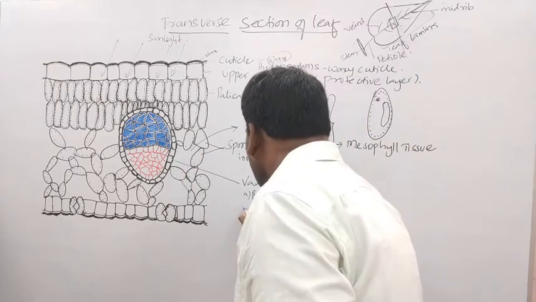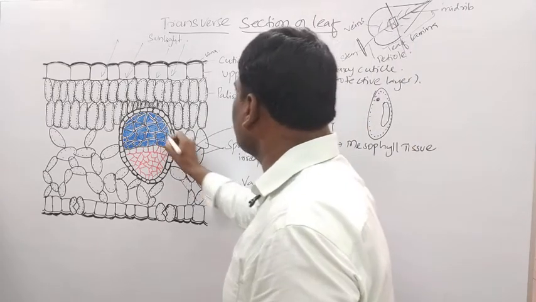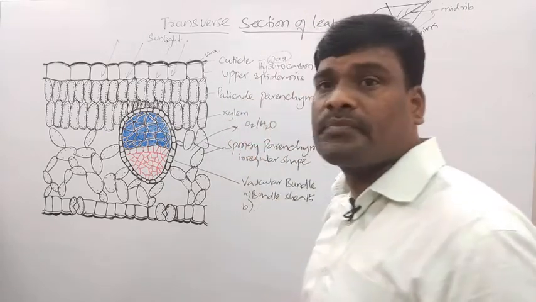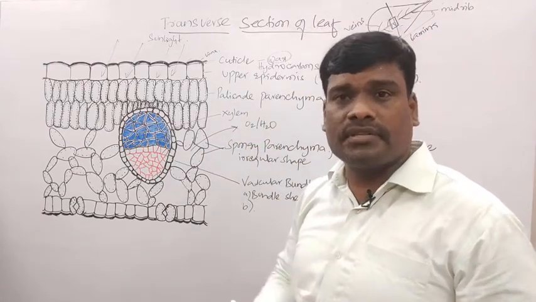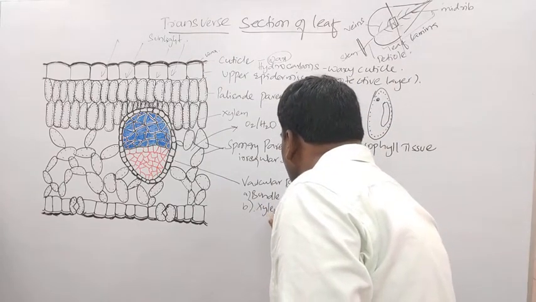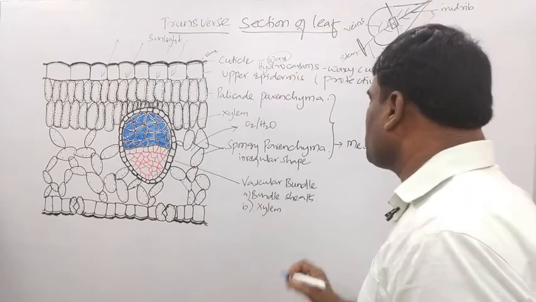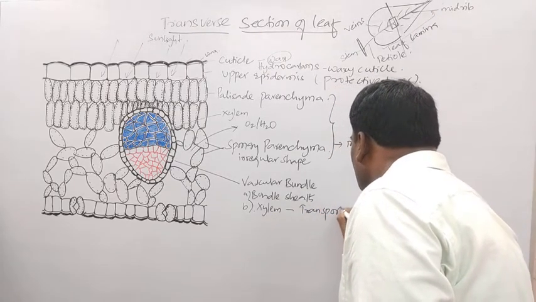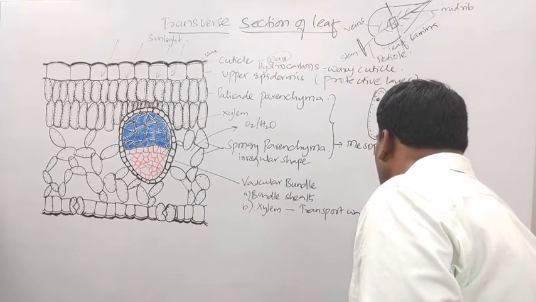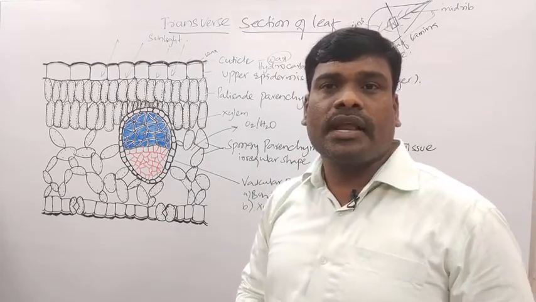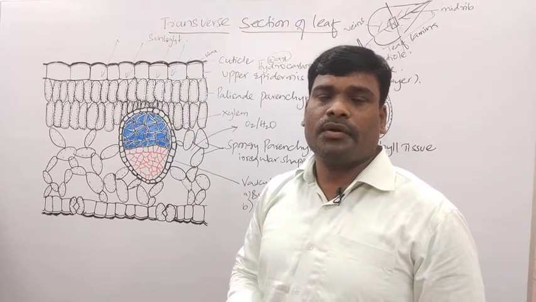The second one is xylem vessels, xylem tissue. What is the use of xylem tissue? It is useful for transporting water.